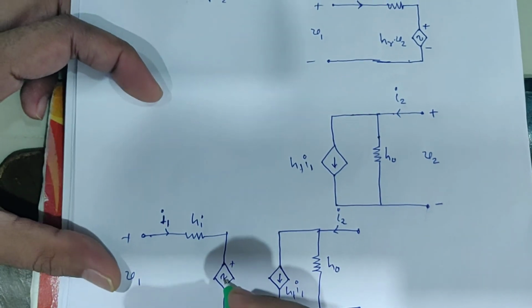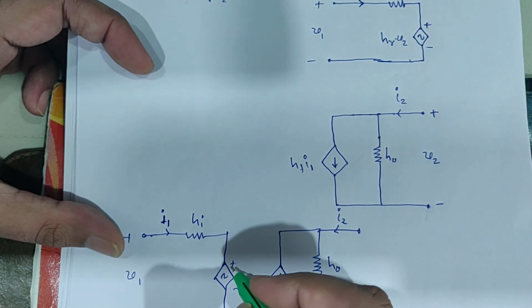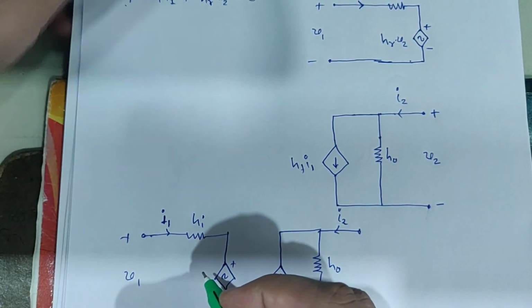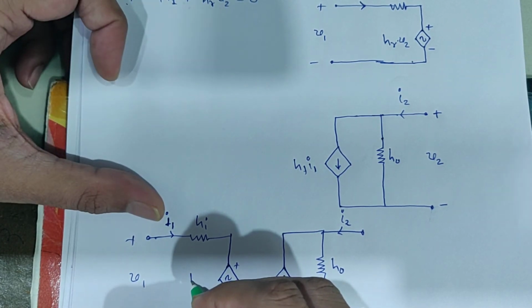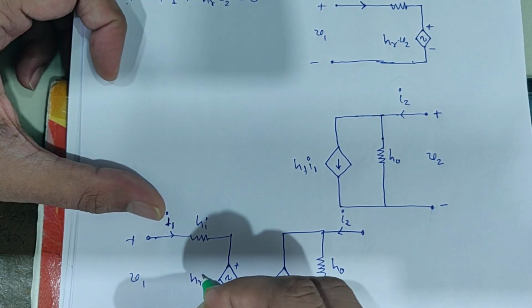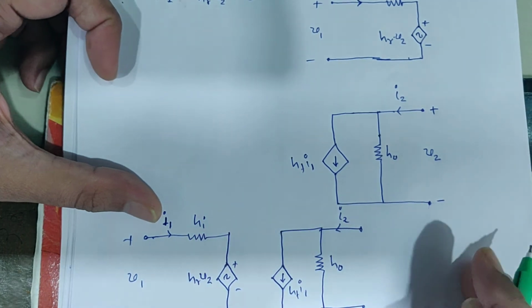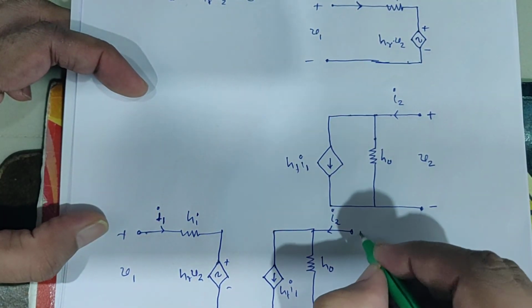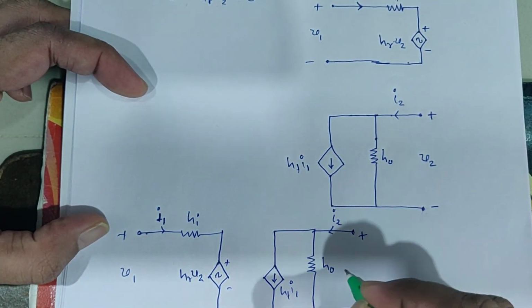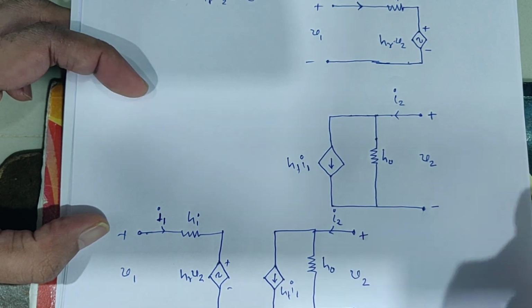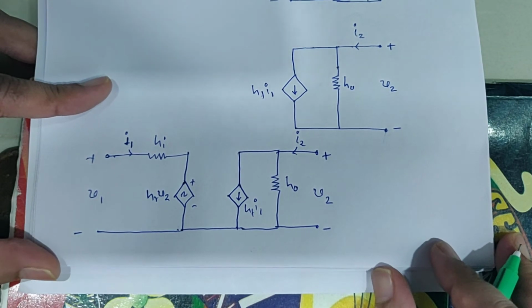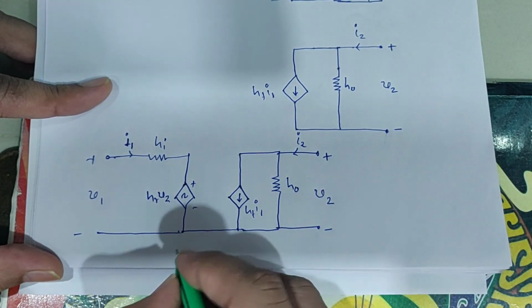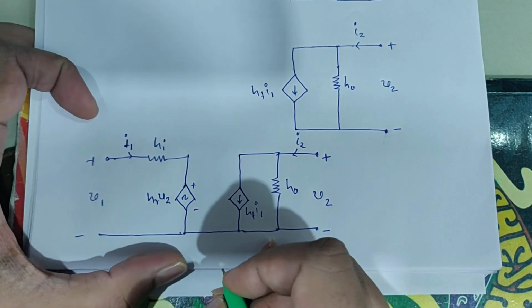The value of this dependent voltage source is HR into V2. Here the voltage applied is V2. Now you can see this is a complete equivalent circuit of the transistor.